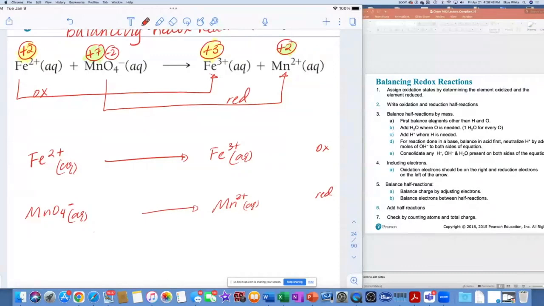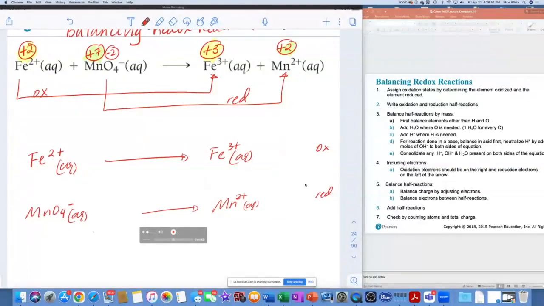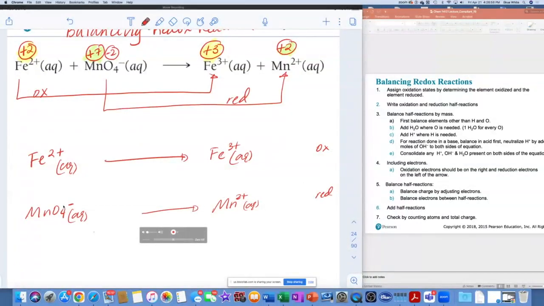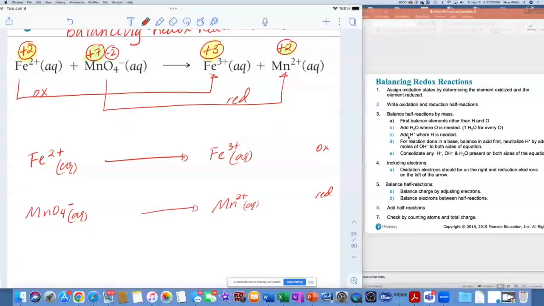3B, we start by balancing oxygen first on both sides, oxidation and reduction. Then you go ahead and balance hydrogen, right? So balance oxygen first. We have 4 oxygens here and we have none on the right. Add water where oxygen is needed. So I'm going to add 4 waters because the rule is 1 water for every oxygen.